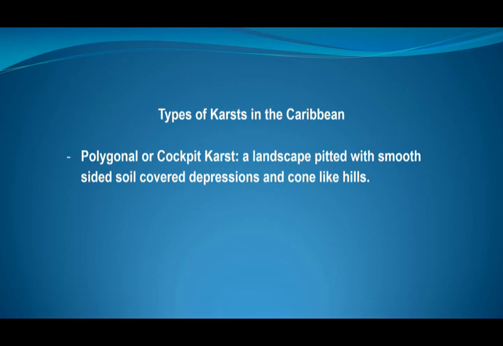So the landscape kind of resembles that, and that is how it comes by the term cockpit karst. All right, but the technical name for it is polygonal karst, and these are basically pitted with smooth-sided, soil-covered depressions and cone-like hills.